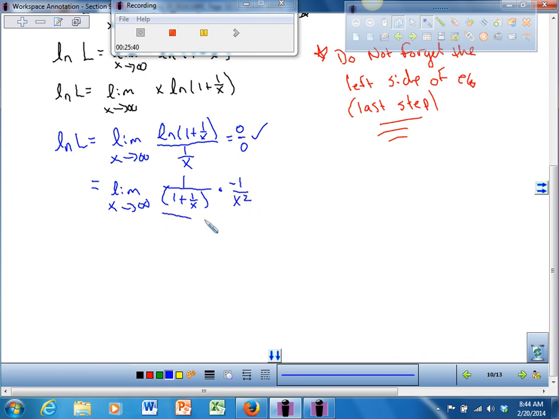All of that is over negative 1 over x squared. Don't drop your left side, natural log of L. All right, so we get a nice cancel that happens here.